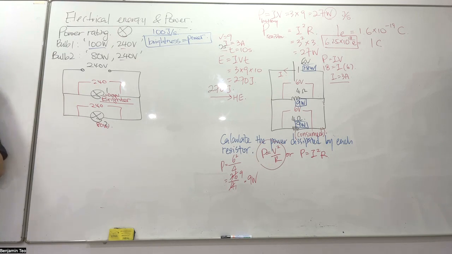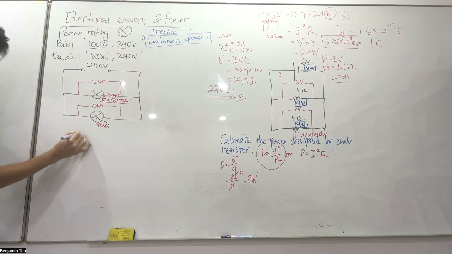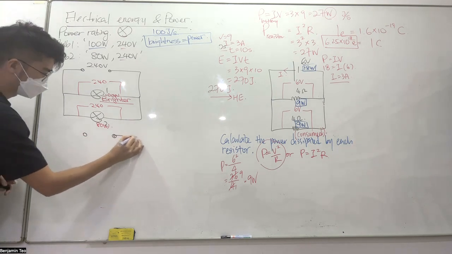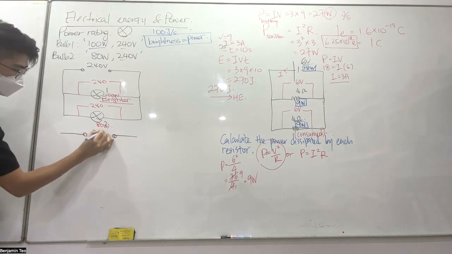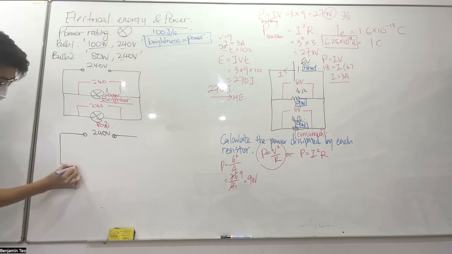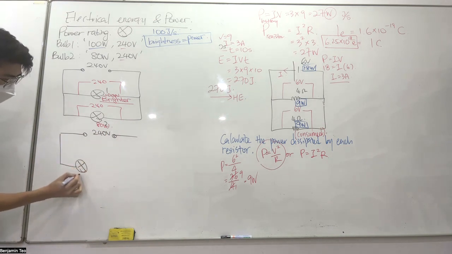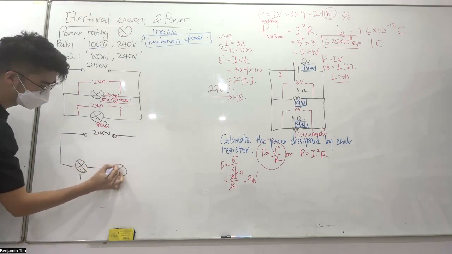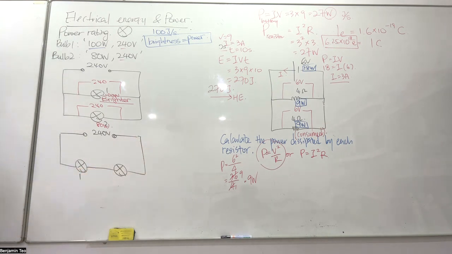Now see what happens when we change the connection. If we connect it in series, still 240 volt, but I connect bulb 1 and bulb 2 in a series connection.